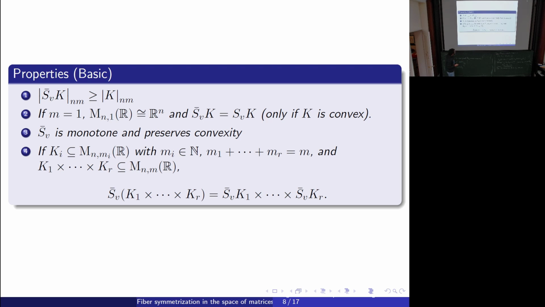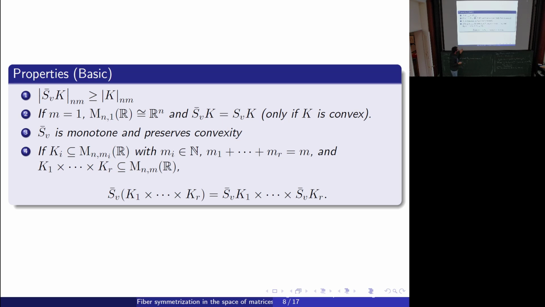And in matrices, you have a natural product structure, which is if you take two convex bodies, then you can consider the matrices and you put them together, right? You put the first columns of the matrix of one set and the second column of the matrix of the other set, and you get a product structure.